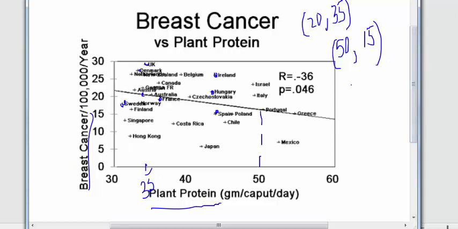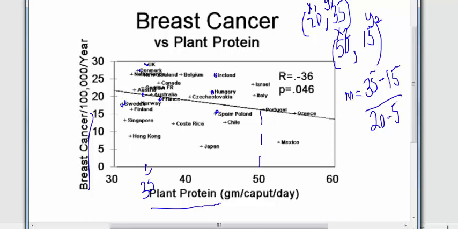What we would do is again assign x1, y1, x2, y2, and then set up our equation for the slope. So y1, I meant to write this as y1, 35 minus 15 over 20 minus 50.